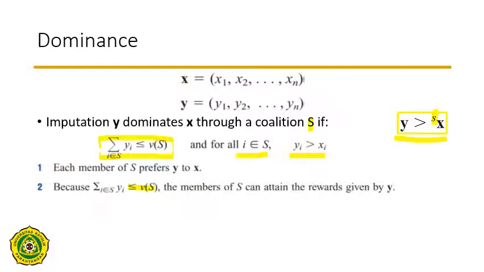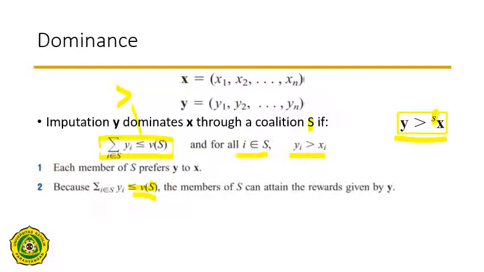Suppose the sign here is greater than. Now this becomes a little bit unreasonable, right? Because if those players form the coalition S, from the characteristic function, we know that they may obtain the value v(S) for sure.